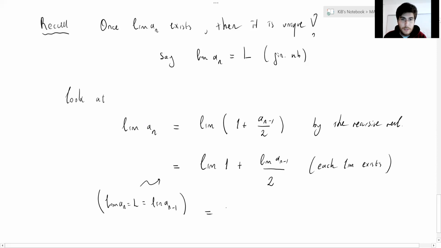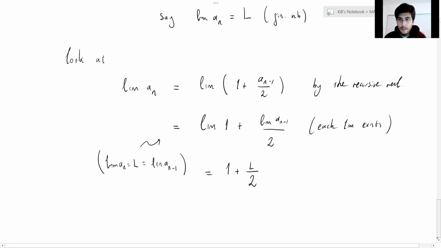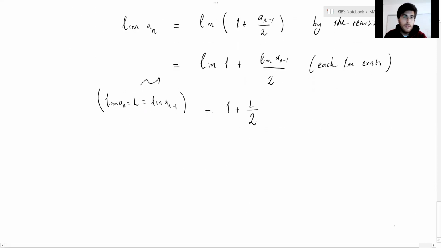Now this is just (1 + L) over 2, because you have exactly the same limit here. If you do the algebra, you start with L, so L equals (1 + L) over 2. This gives that L is just 2. So the limit is 2.